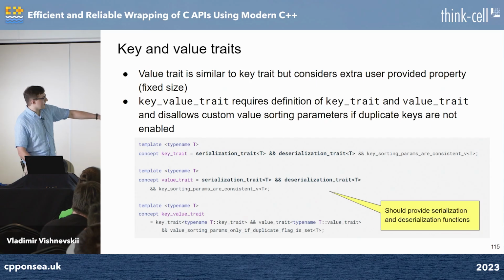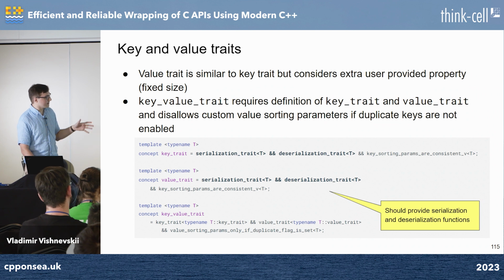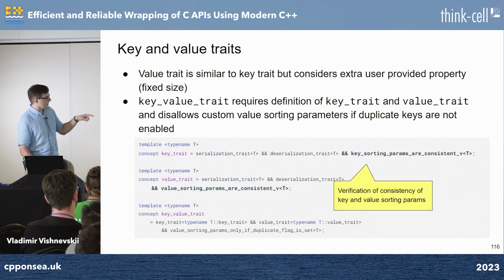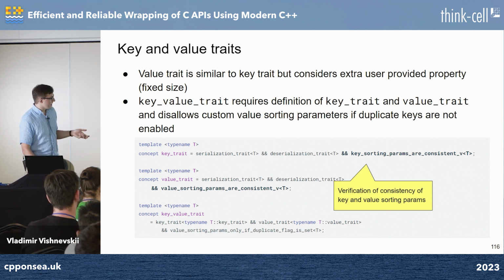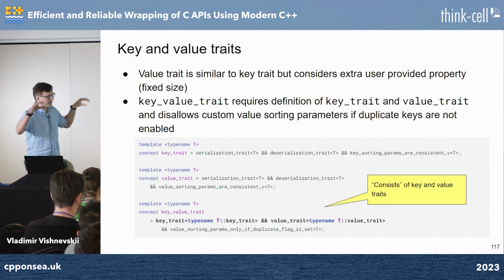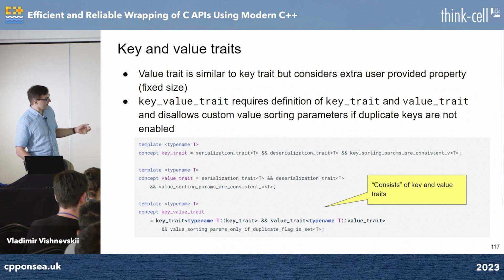For key and value traits, we can then build more complex concepts. They both need to provide the serialization and deserialization specification, plus they can also be used to verify consistency of some other parameters that are LMDB specific. We will not go into details, but we can use those at compile time to check the consistency of the parameters. The key value trait that the client provides is the template parameter of our function, create database.